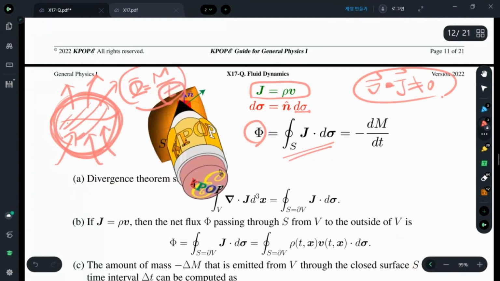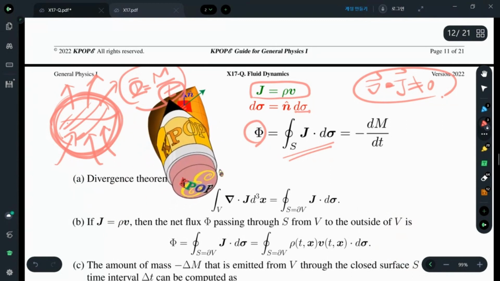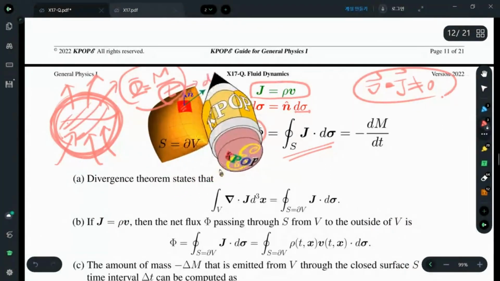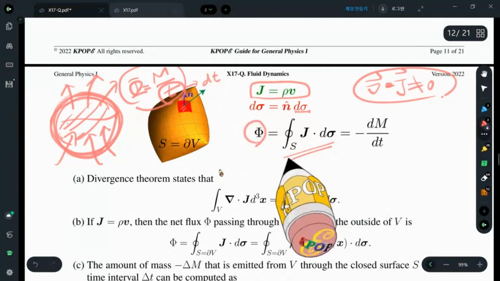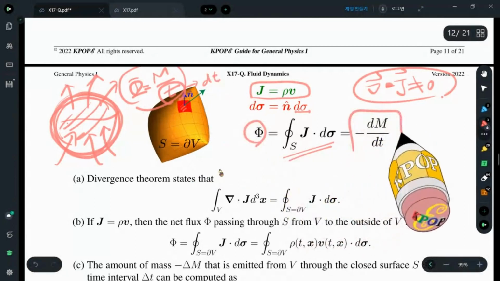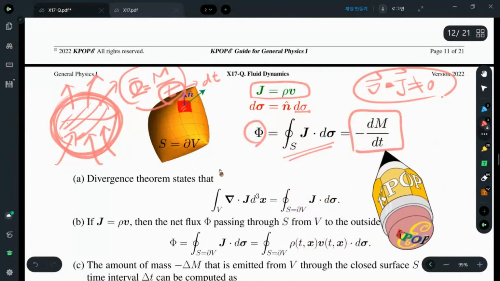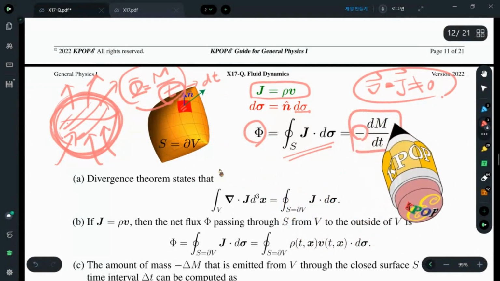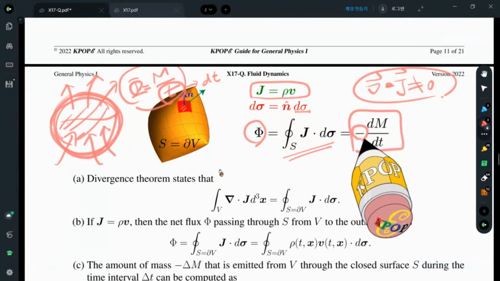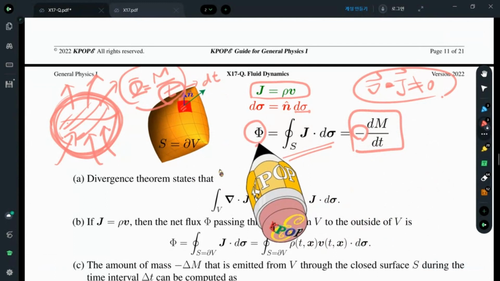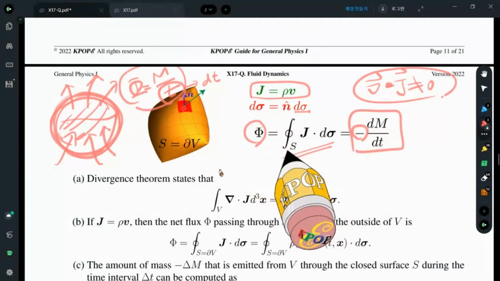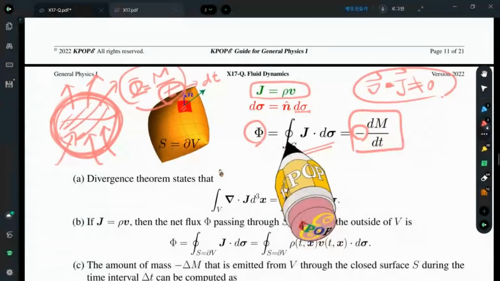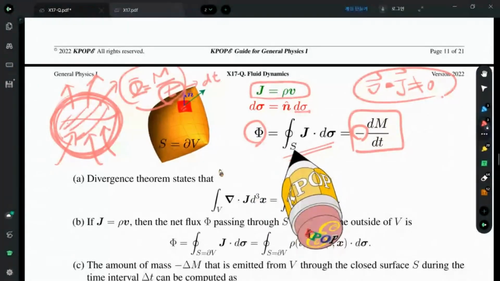In the infinitesimal limit, as t goes to dt, you end up with the result that the time derivative of mass with a negative sign is exactly the same as the flux integrated over the closed surface.